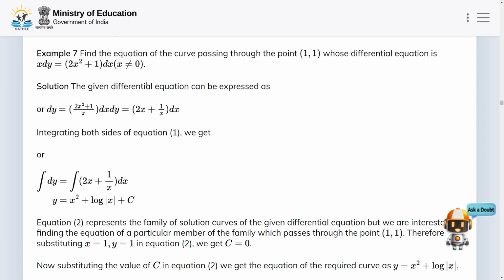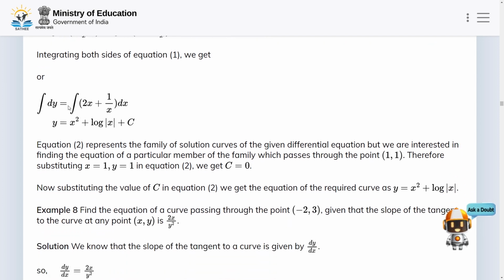Now the given differential equation can be expressed as dy is equal to (x squared plus 1) divided by x dx. Now simplify it. You will get dy is equal to (x plus 1 by x) dx. This means integrate both sides.